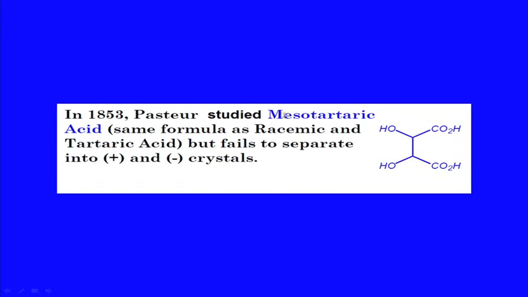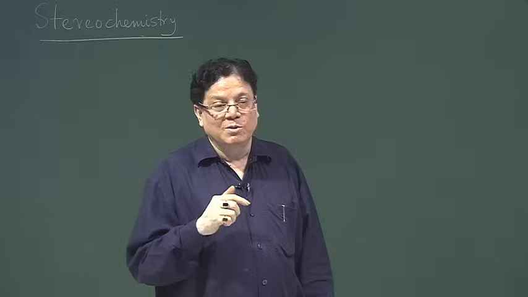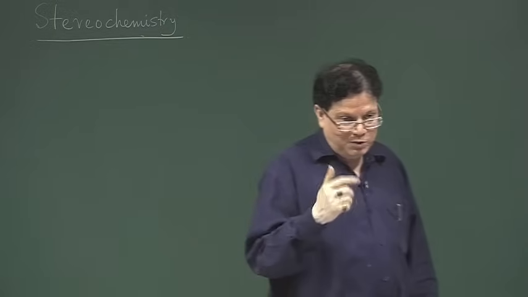This tartaric acid, which was called mesotartaric acid, he failed to separate into two isomers. And he found that it does not rotate the plane of plane polarized light. So, this is again different from the earlier racemic acid that we obtained from the grapefruit juice.